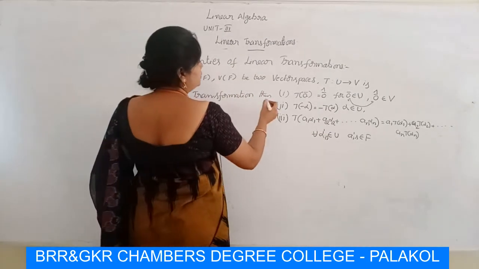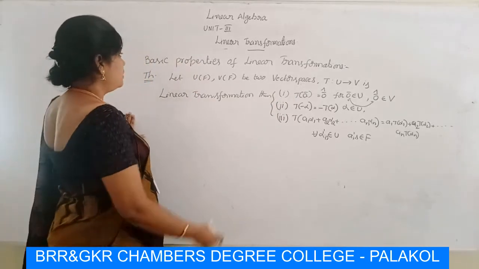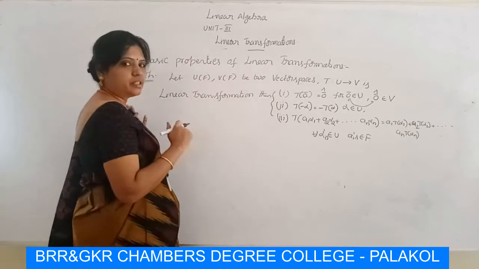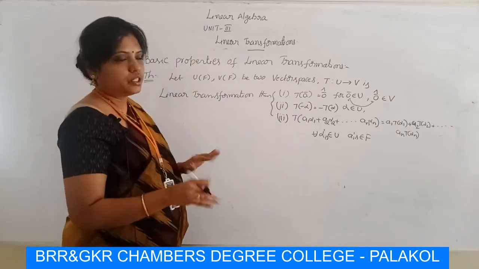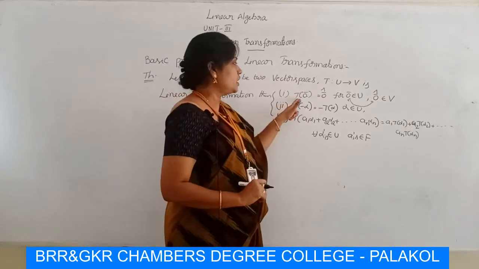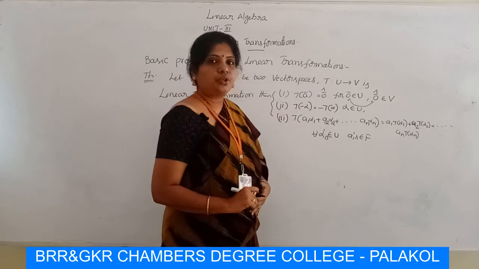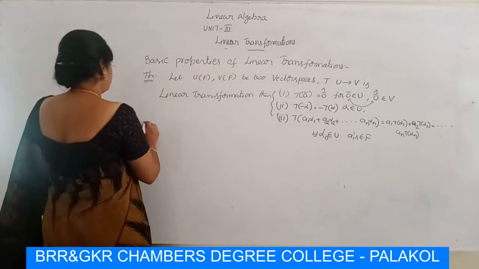Now we prove these three conditions. First one, we have to assume that U of F and V of F are two vector spaces, and T maps U to V is a linear transformation. So we have to prove the first condition: T of 0 bar is equal to 0 crown. Proof.